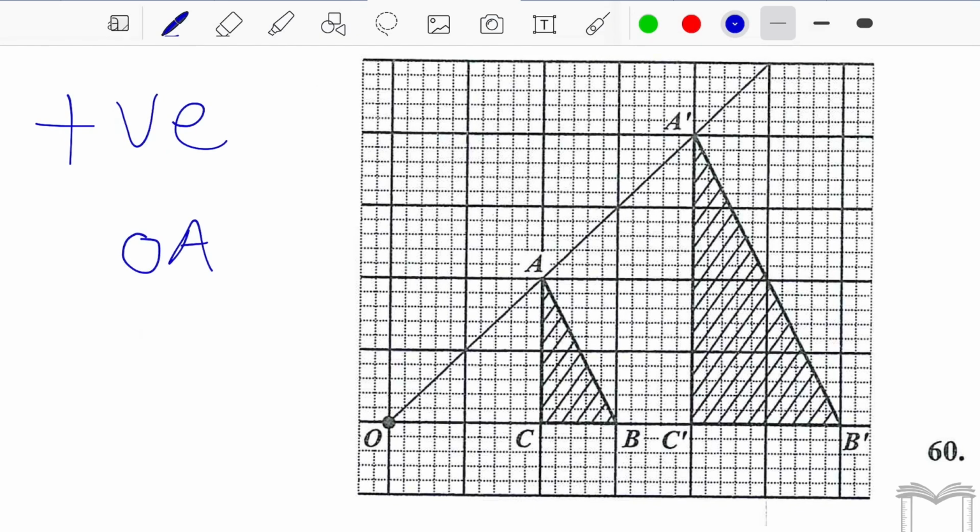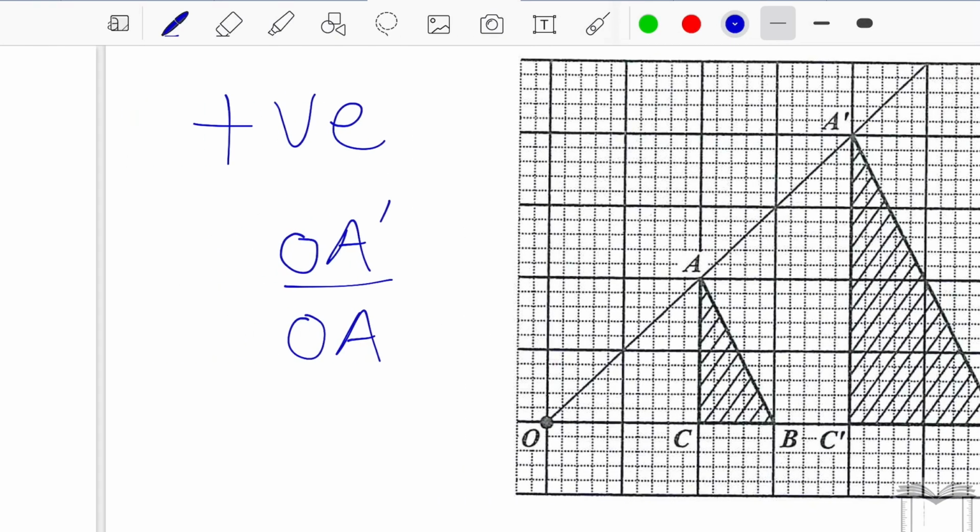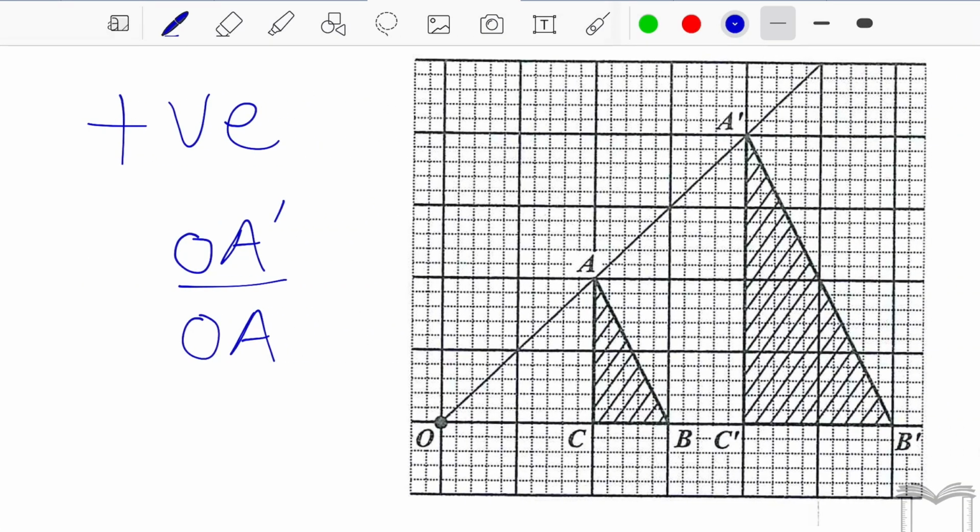So it's O A prime over O A. So that's the image length from the center to the object length.